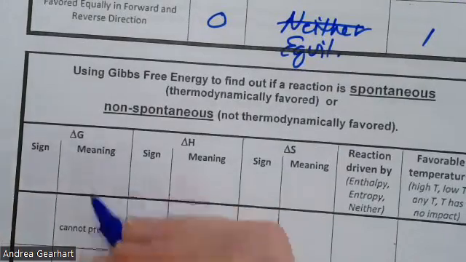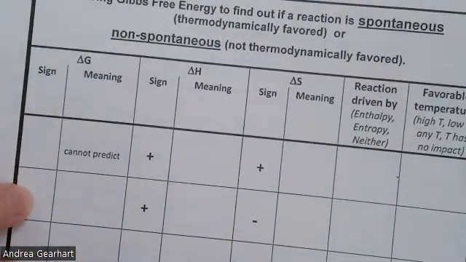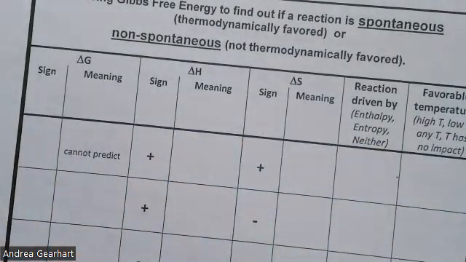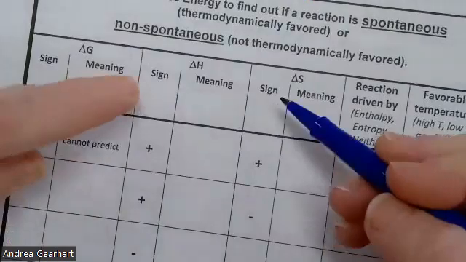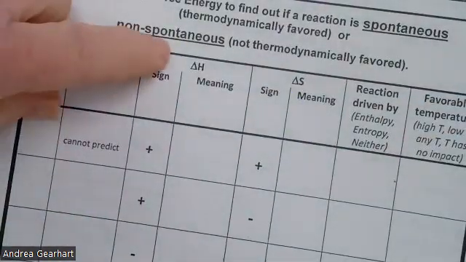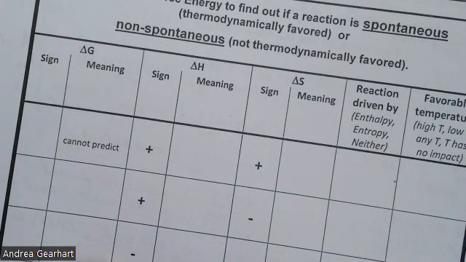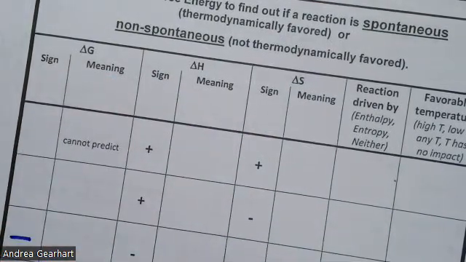I think we need to do these middle ones. So if in a situation the enthalpy is negative and the delta S is positive, what sign will we have on delta G? Negative all day long. What does that mean?